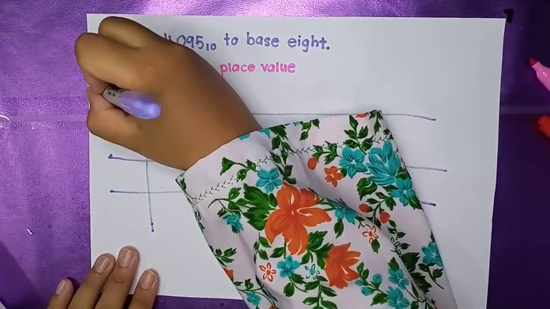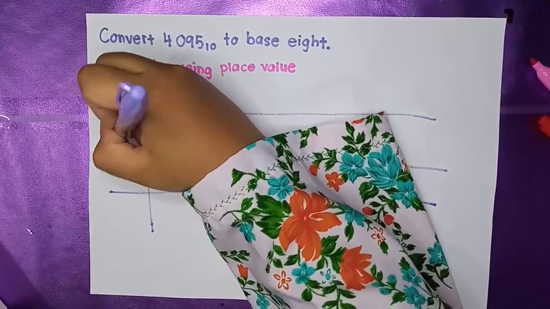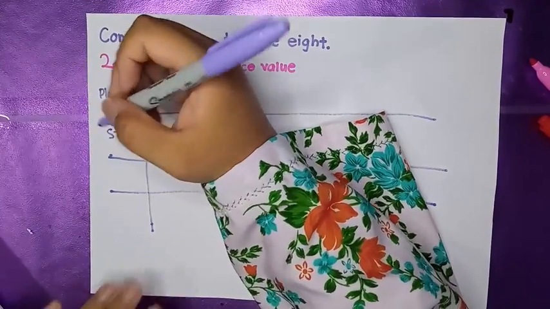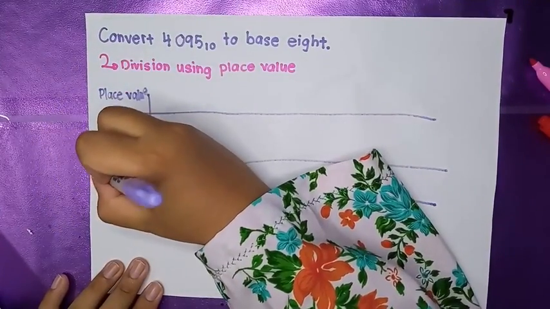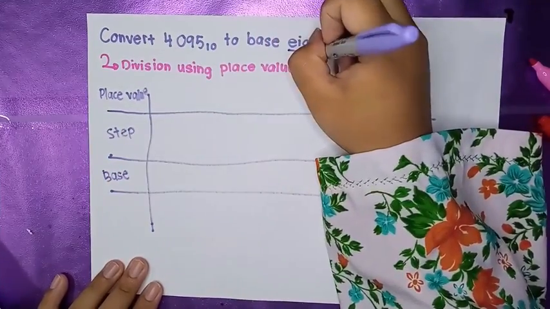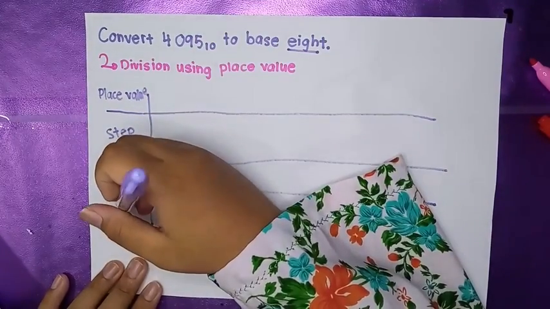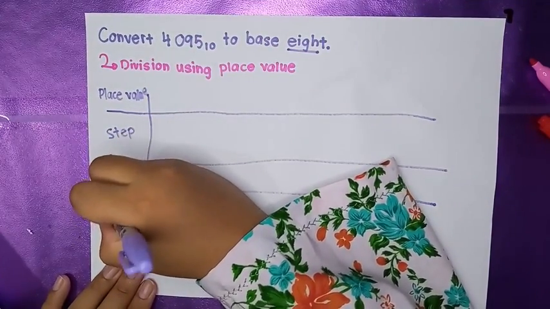Here is place value, step, base. Okay, we want to convert it to base what? We want to convert it to base 8, so this one is base 8. And then the answer.